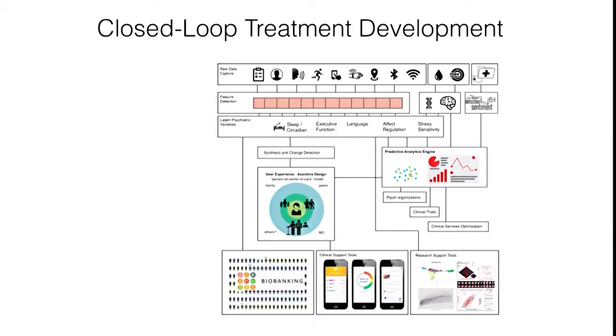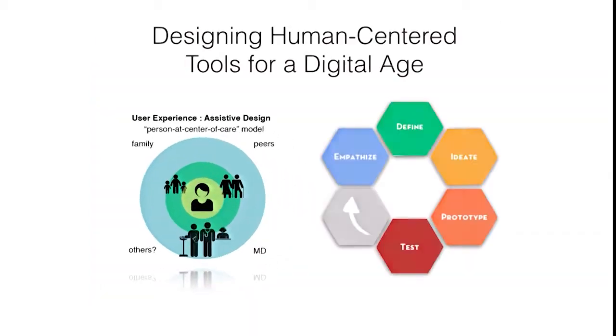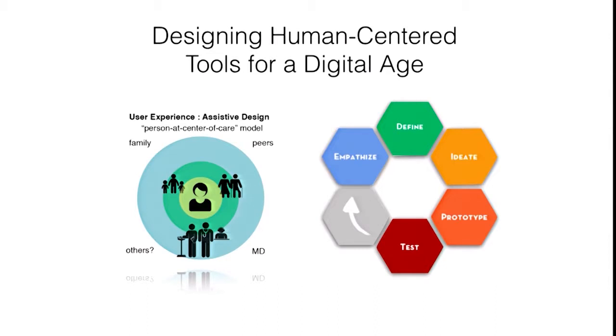And then again, just to show how this fits into the overall framework for us, it's not just how do we capture these things, but how do we integrate them into an overall system that would detect them, and potentially give them back to the individual in a way that they would be recognized and used. I do want to quickly make the point that was raised a little bit in the last session, which is that it's not going to be enough just to detect that important changes in this individual's life have occurred.